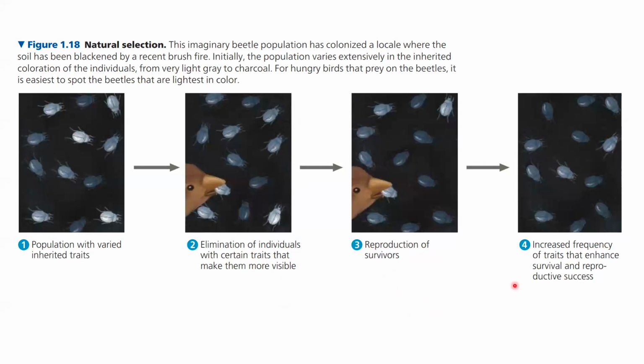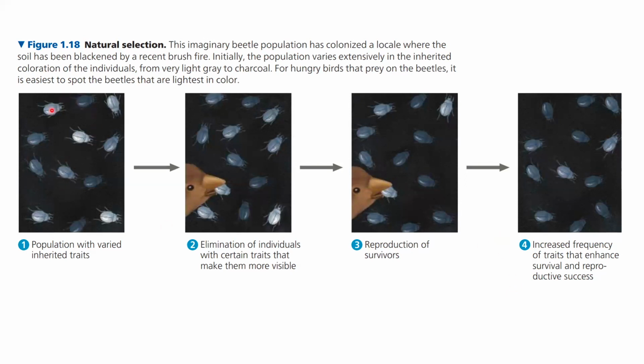So the dark beetles, the ones that are able to blend in or have camouflage with the background, are the ones that survive. And if those are the ones that survive and they have that dark coloration, then that particular trait will be passed on to their offspring.